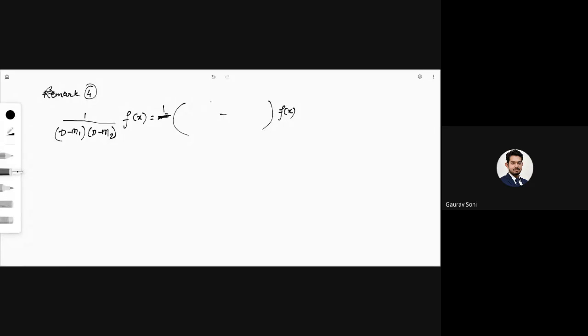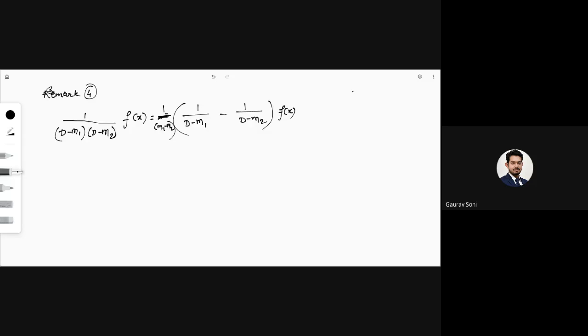Look, there is a method that you have studied while solving integration, and the method says that when you have this kind of thing, 1 upon (D minus m1)(D minus m2), I can separate it in this form. So what I have done is written it in the form 1 upon D minus m1 minus 1 upon D minus m2. To adjust this, while solving examples, we will see how we get to this.